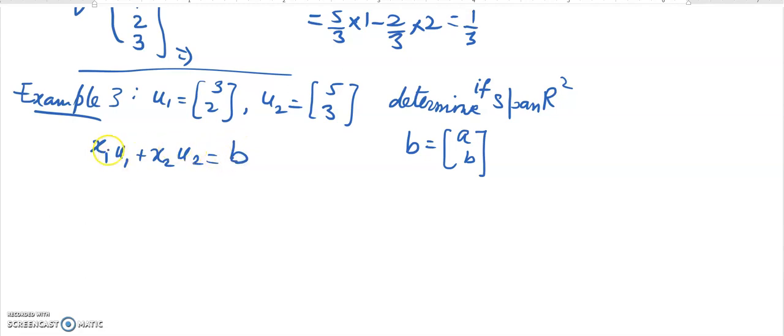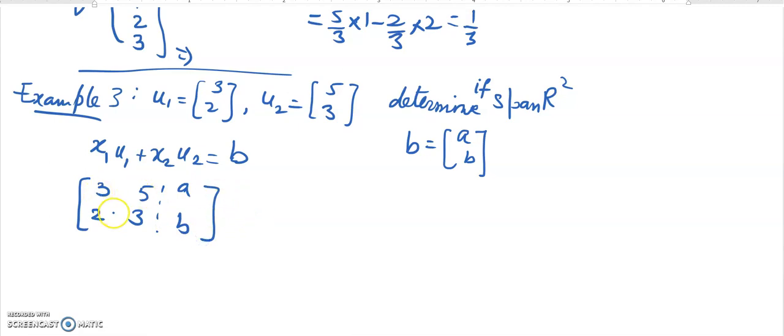If we can find the finite values of x1 and x2 in terms of the parameters a and b, then that means these two vectors span R2, which is given by something like (a, b). So in this case, it's the augmented matrix form. You can write it like this: 3 2 | 5 3 | a b.